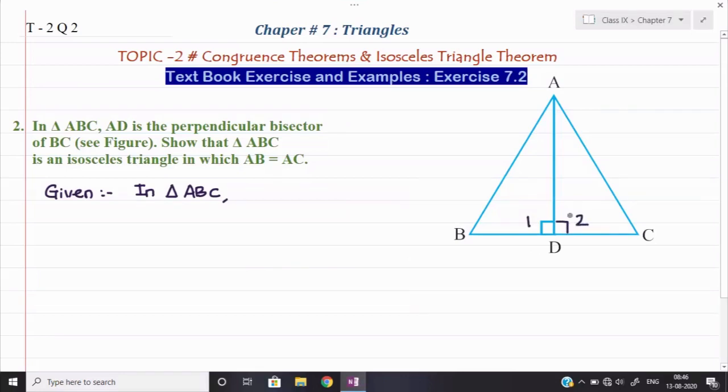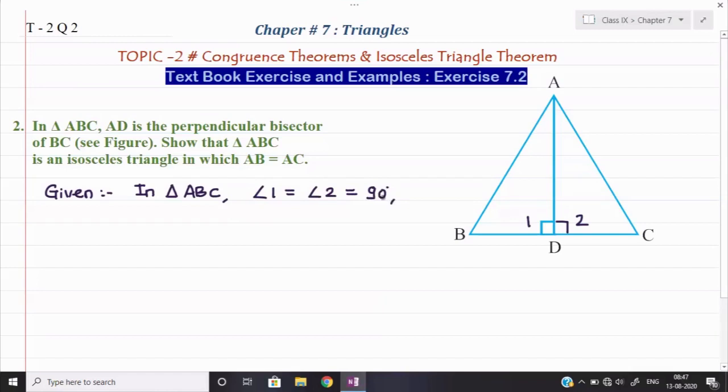So angle 1 and angle 2, we can say that both will be equal to 90 degrees because point D is a point of perpendicular. AD is perpendicular to BC at a point D only. So at the point D it is making an angle of 90 degrees. So it is not making it on one side, it is making it on both sides. So angle 1 is equal to angle 2 is equal to 90 degrees. That we have been given in the question.